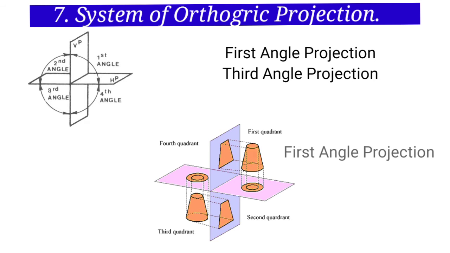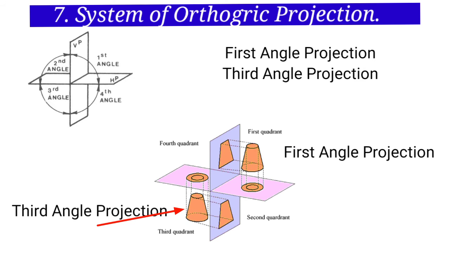First angle projection is widely used throughout Europe, the United States of Soviet Russia, and many other countries in Asia. Third angle projection is used in America. The current Indian and ISO standards state that both systems of projection are equally acceptable, but they should never be mixed on the same drawing.